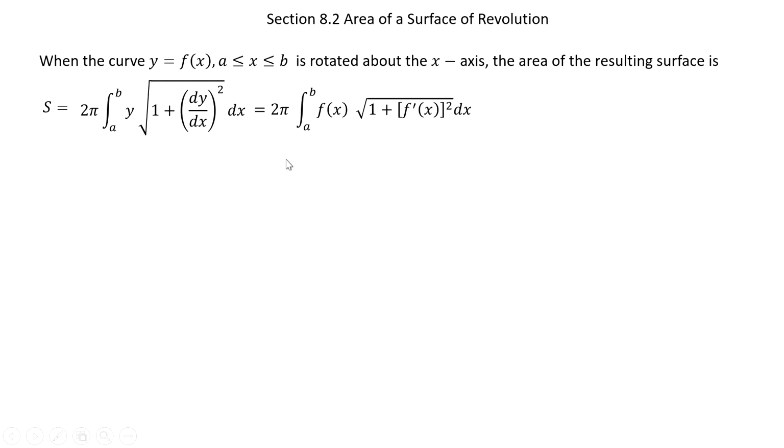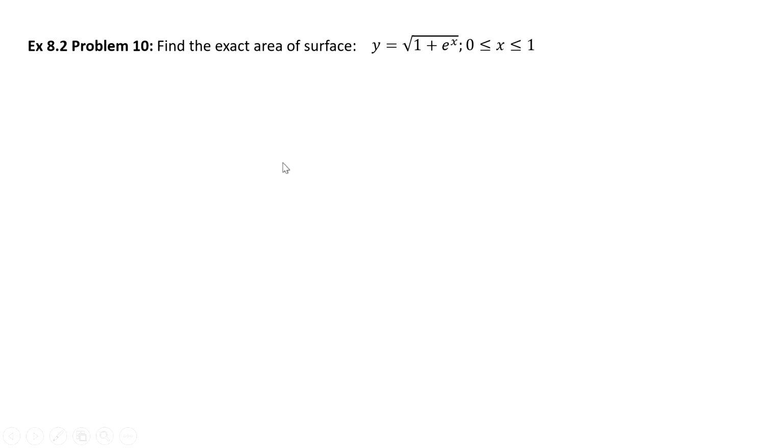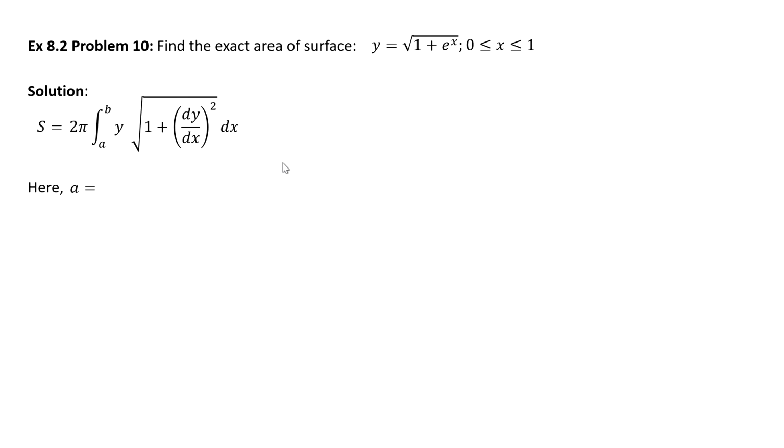So when it comes to solving a problem: find the exact area of the surface. Let's say we are given y equals the square root of 1 plus e to the x. As before, recognize what a is. You know the formula that you're going to plug all of this into. So a is, what do you say? 0, yep. b, 1, yep.